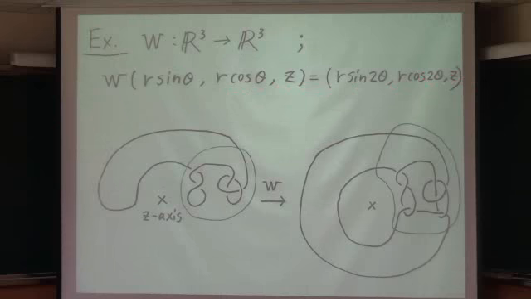So the z part is identical, and this is the twofold branched covering projection, branched along the z-axis.